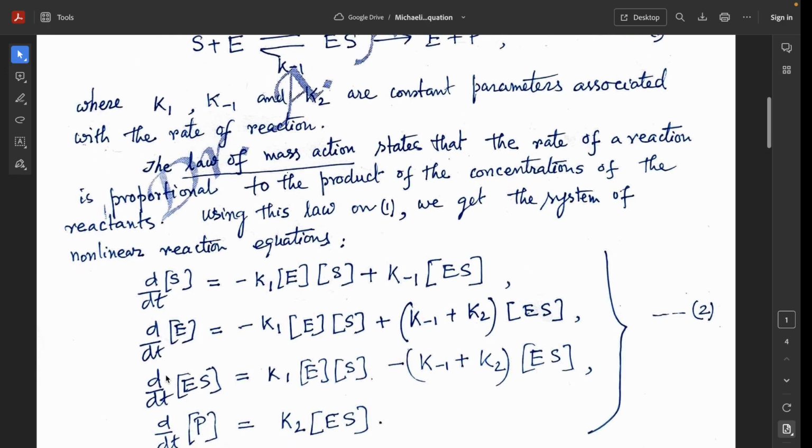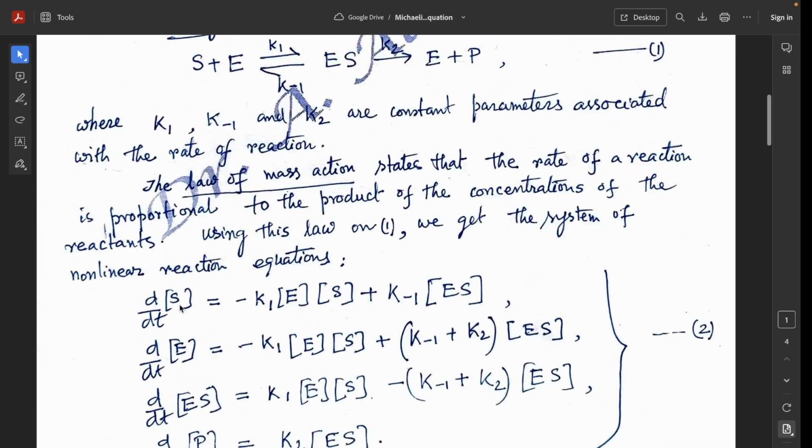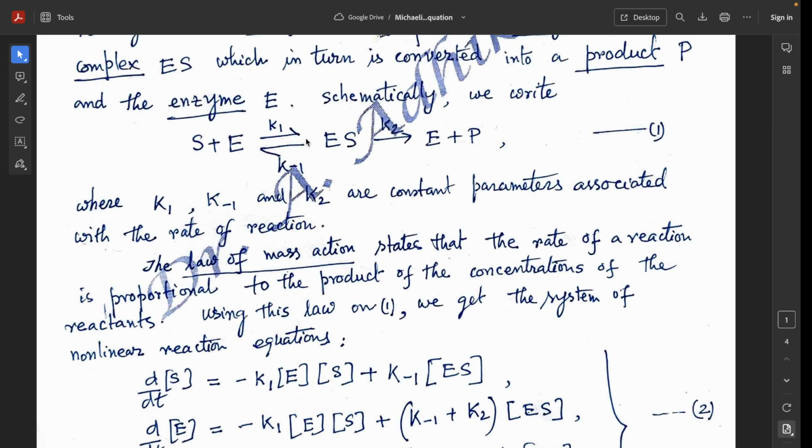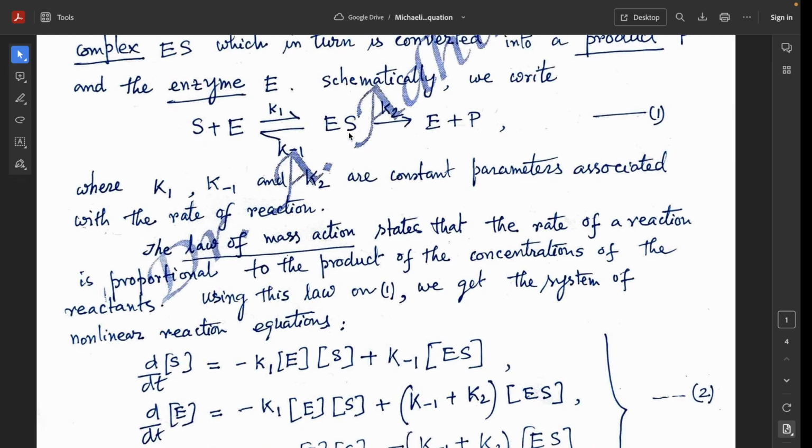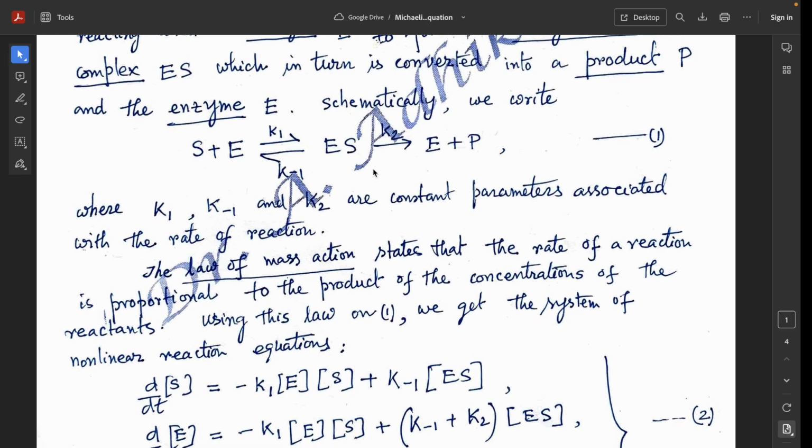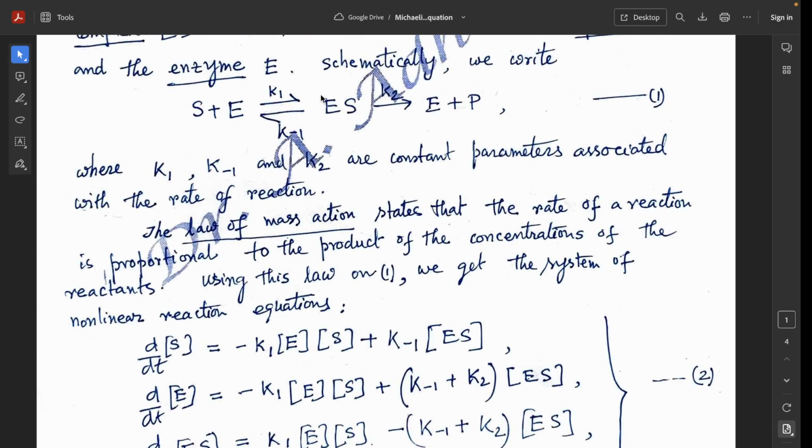Similarly, for the rate of change of the concentration of E, minus K1 concentration of E concentration of S, plus K minus 1 concentration of the complex ES, and also the gain rate K2 into concentration of ES.